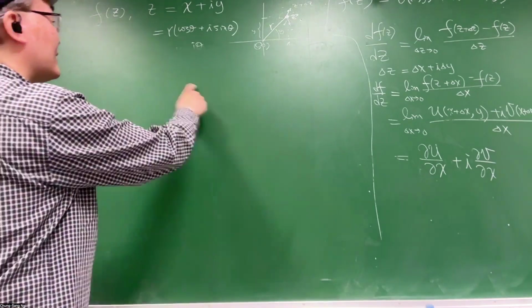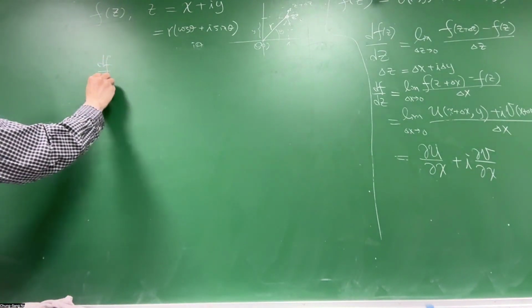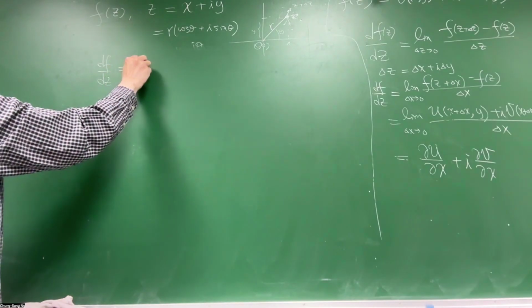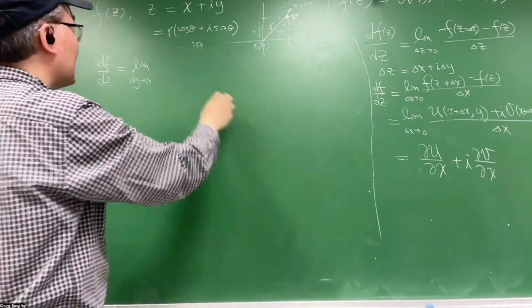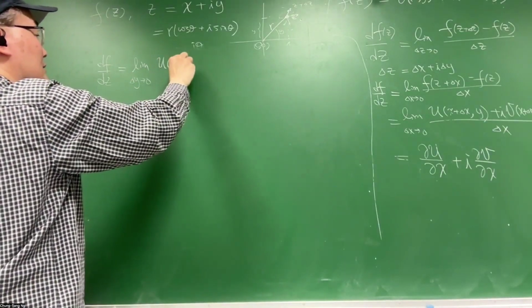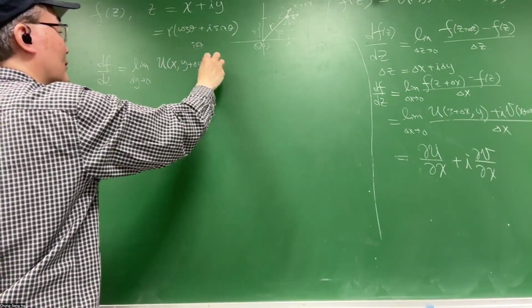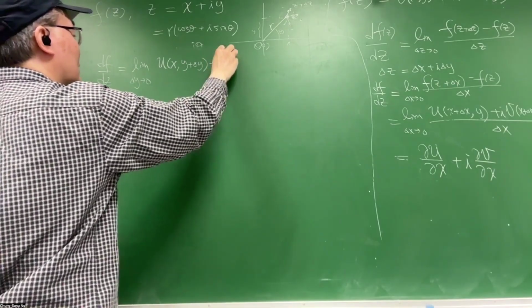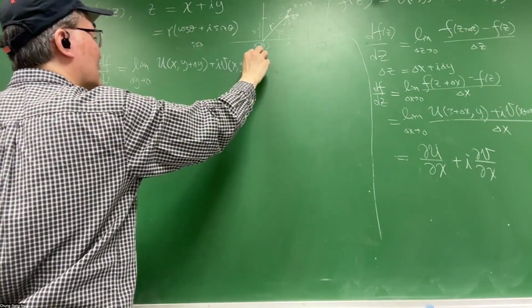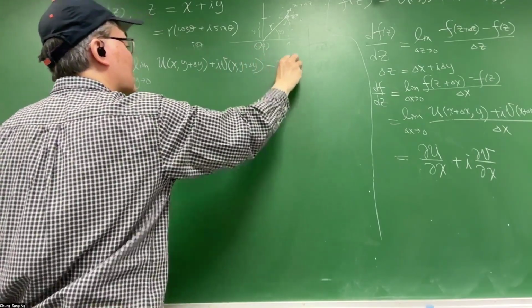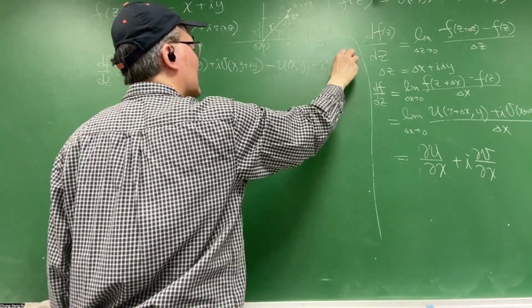All right. So now the next thing is df/dz. Now it's the limit as delta y goes to 0 of u(x, y plus delta y) plus i v(x, y plus delta y), minus u(x, y) minus i v(x, y).